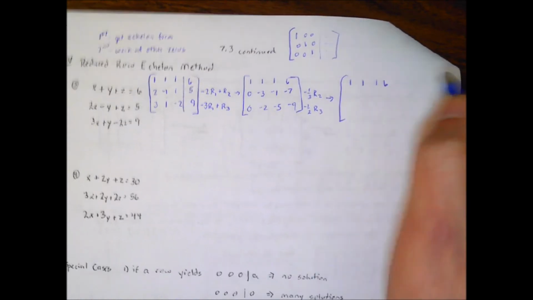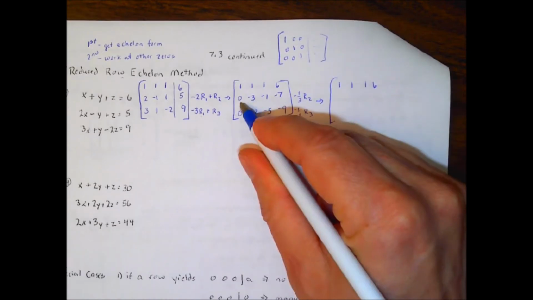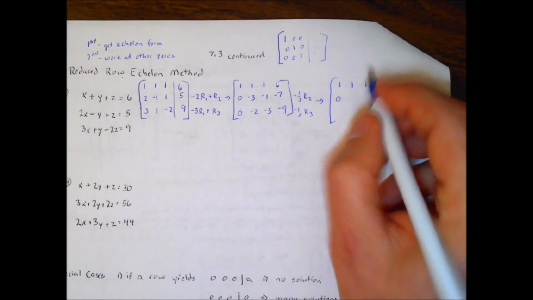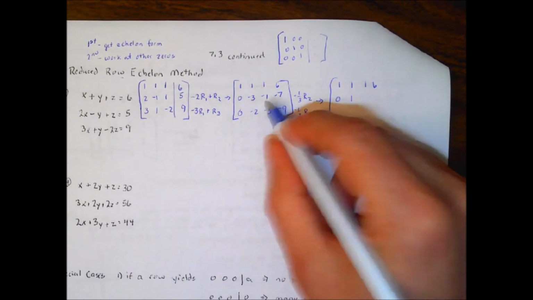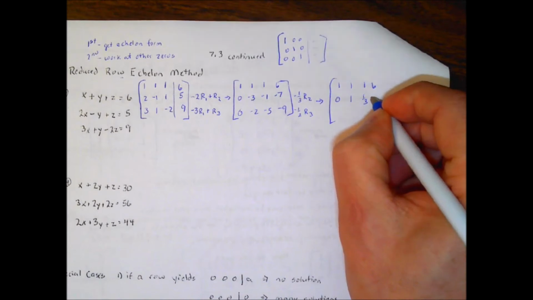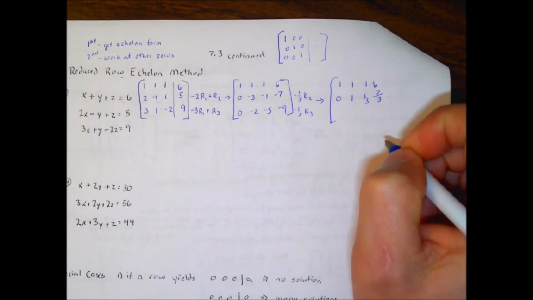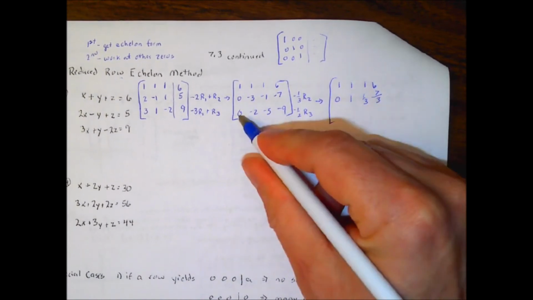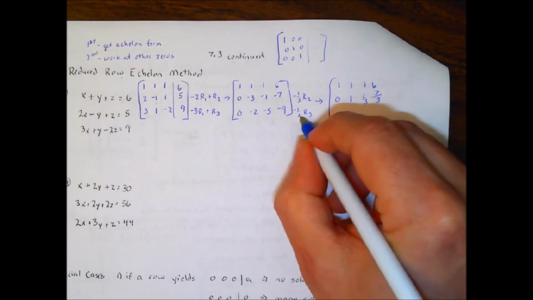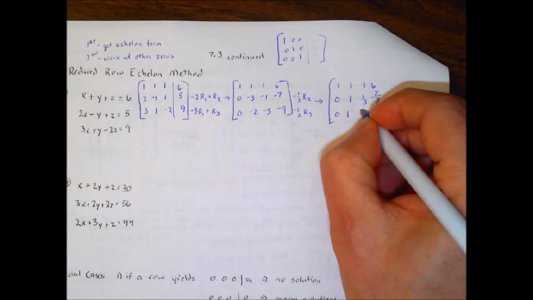Multiply this by negative 1/3 would still be 0. Multiplied by negative 1/3 makes 1. By negative 1/3 makes 1/3. Negative 1/3 gives you 7/3. And by negative 1/2 makes 0. By negative 1/2 makes 1. Times negative 1/2 makes 5 halves and 9 halves.